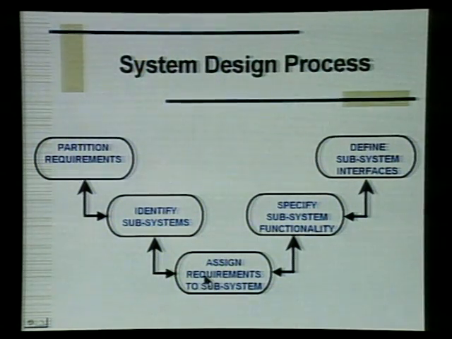If you have used the grouping you have done during the partitioning of the requirements phase, and there is a clear match between each partition and each subsystem, then of course this activity is straightforward.